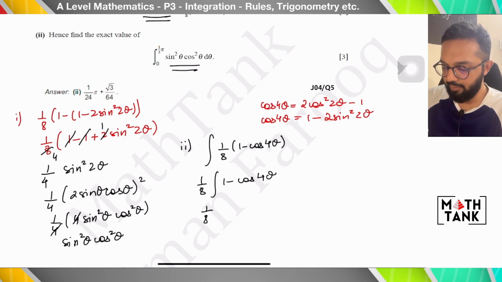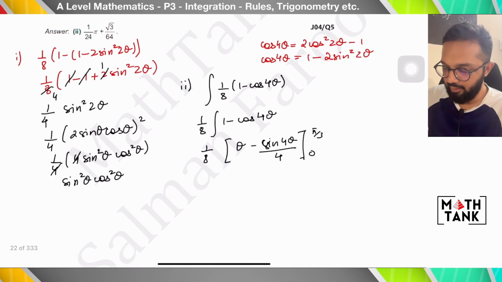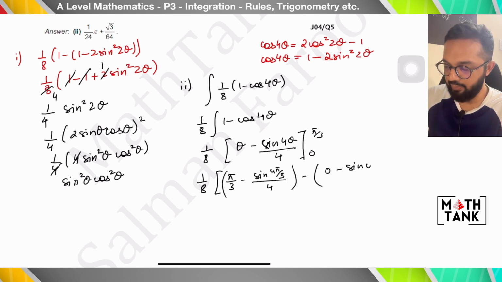So this becomes 1 over 8 times theta minus sine 4 theta over 4 with the limits 0 to pi over 3. So 1 over 8 times pi over 3 minus sine 4 pi over 3 over 4, minus the brackets 0 minus sine of 0 over 4. So I think that's pretty simple.